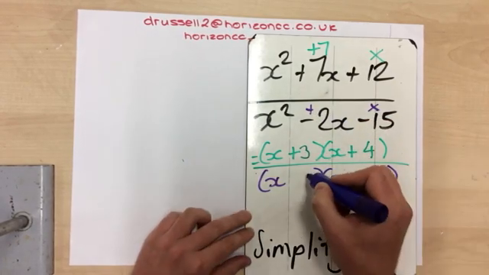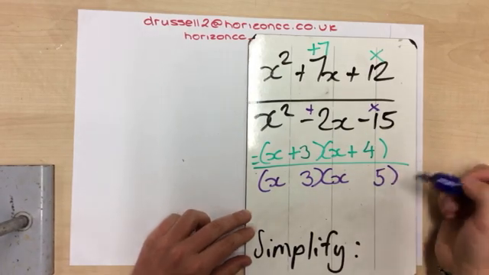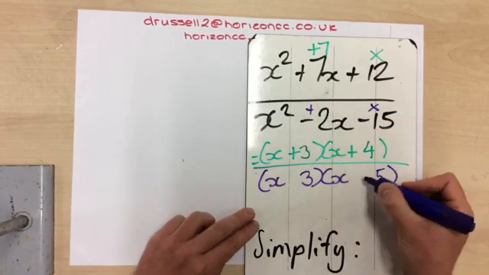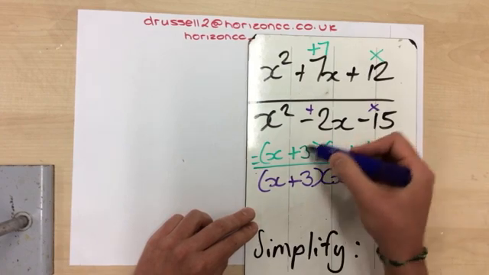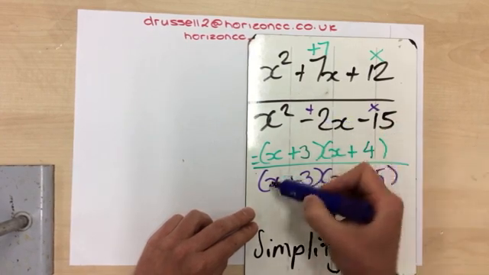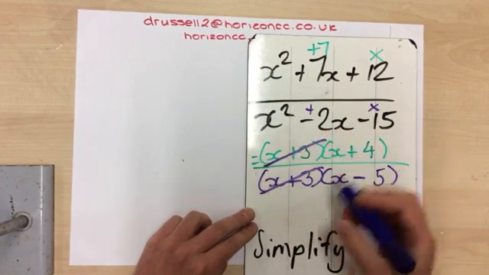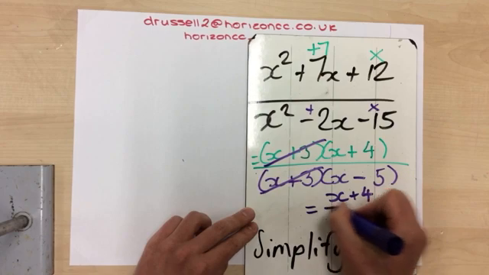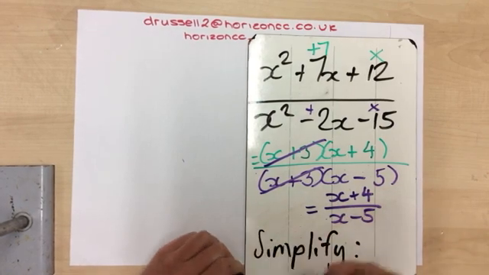My numbers, hopefully you realised, were 3 and 5, because 3 times 5 gives you 15, and they've got a difference of 2. So minus 5 plus 3 would give me that negative 2 here. As you can see, I now have 2 brackets the same, so they will simplify, giving me a final answer of x plus 4 over x minus 5.